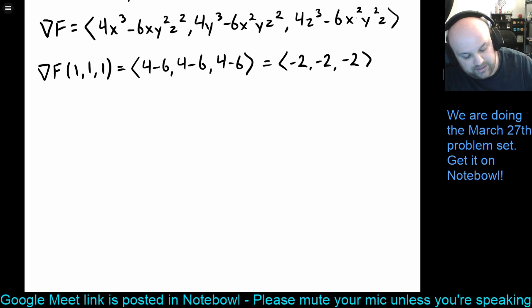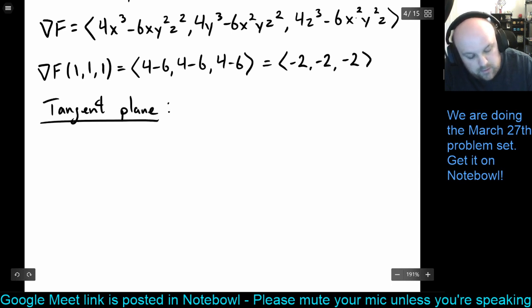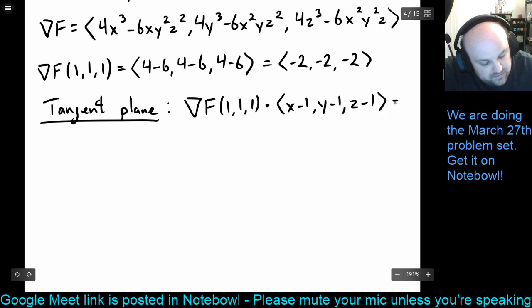So, okay. The tangent plane is basically the gradient of f at 1, 1, 1, dot product with x minus 1, y minus 1, z minus 1, equals 0.